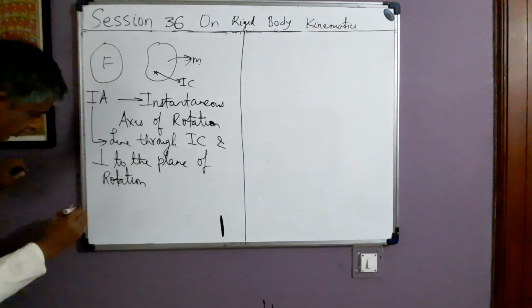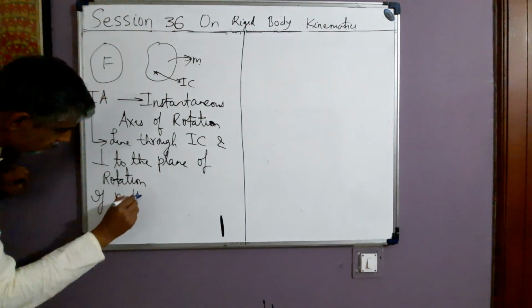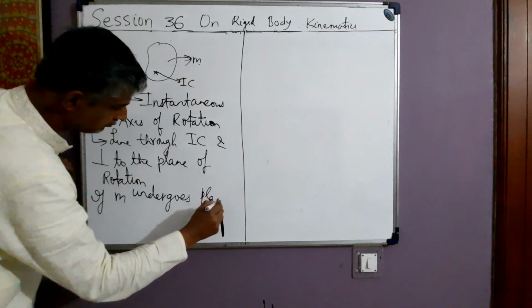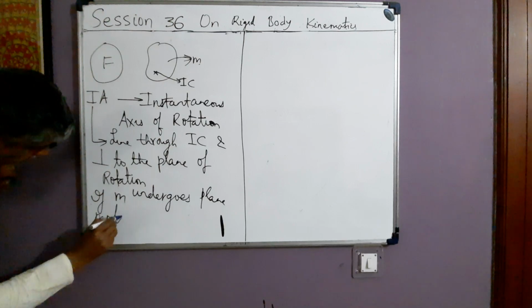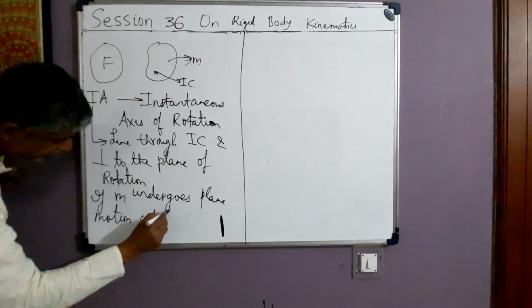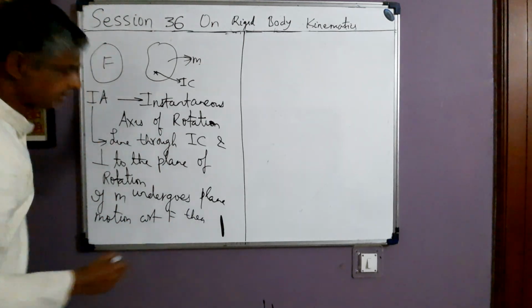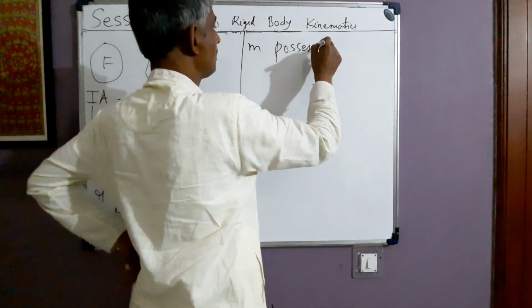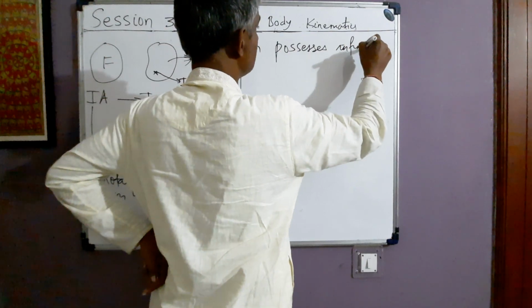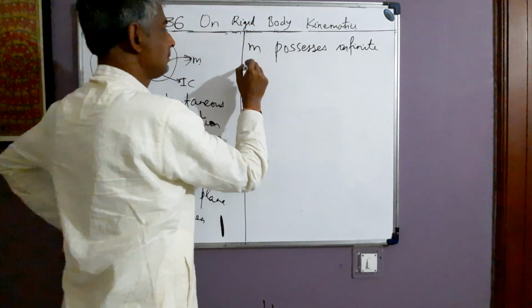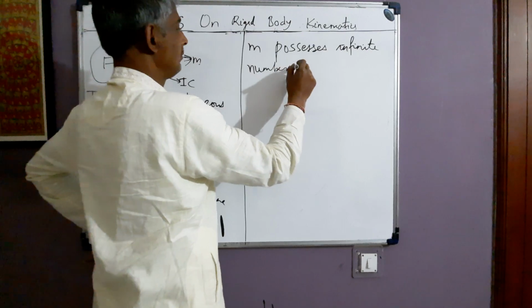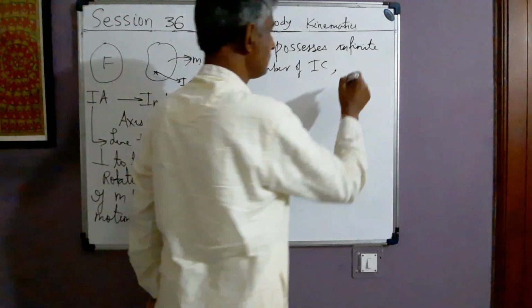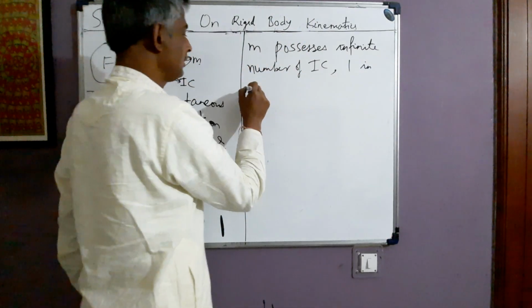So if M undergoes plane motion with respect to F, then M possesses an infinite number of ICs, one in every base plane.